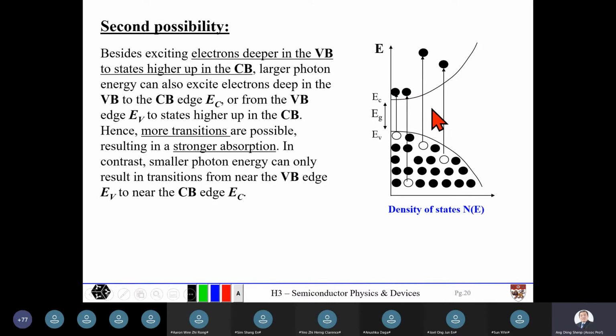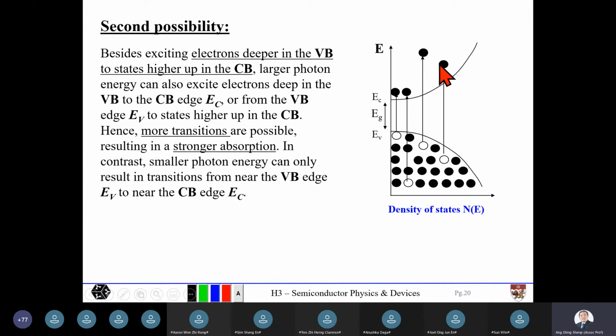On the other hand, if you consider a photon of much larger energy, this photon can excite electrons deeper in the valence band to the conduction band edge, or electrons near the top of the valence band deeper into the conduction band, or an electron somewhere in the middle of the valence band to an energy state somewhere in the middle of the conduction band.